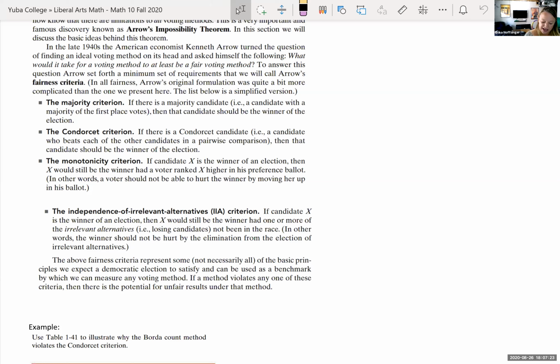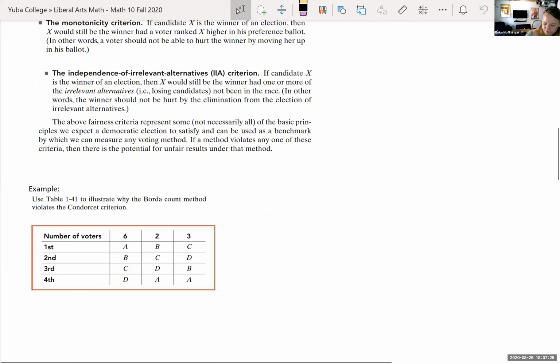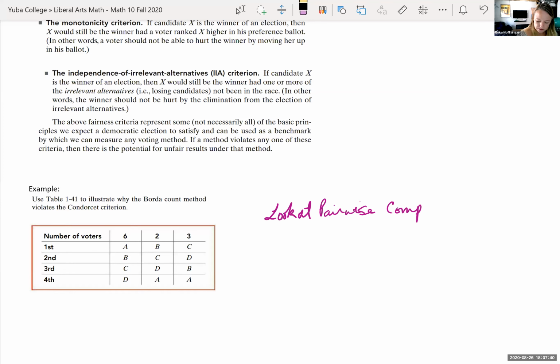So we want to look at both the pairwise comparison, and look at the Borda count.